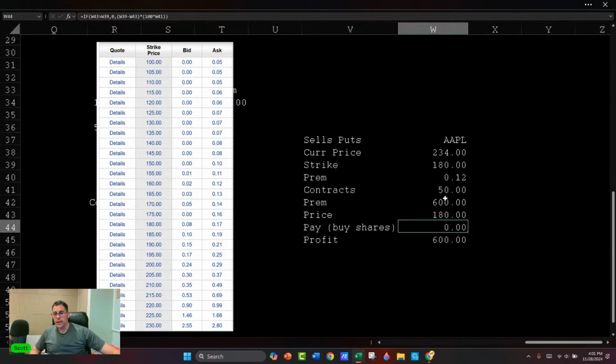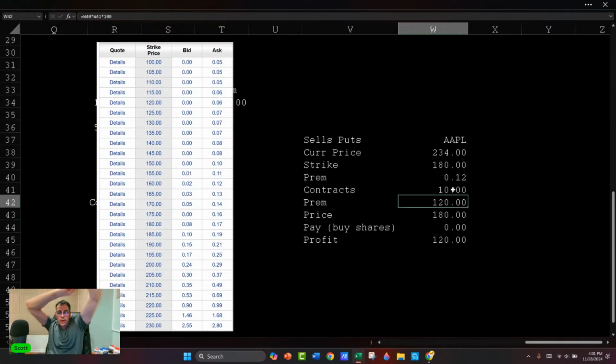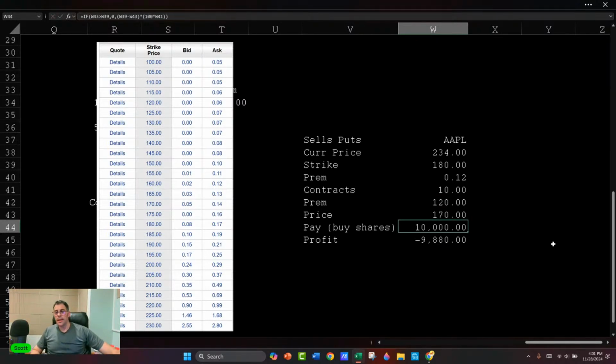If it hits 180, you're fine because it didn't get your strike price. Let's do 10 contracts. So you collect $120 in premium, and if it gets down to 170, you lose 10K minus your 120.